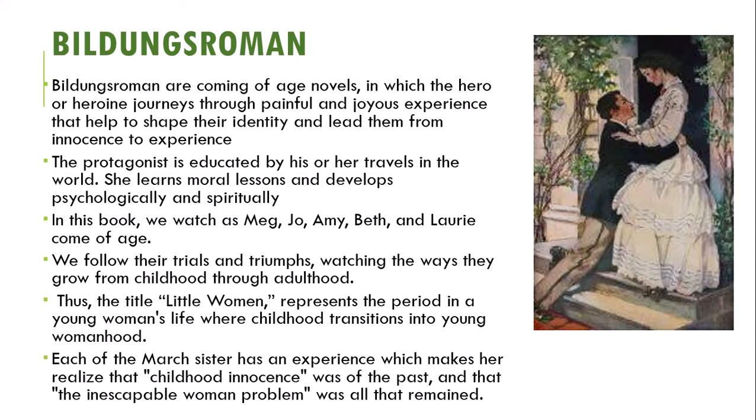Each of the March sisters has an experience which makes her realize that her childhood innocence was of the past, and that, according to one critic who unfortunately I don't have named here, the inescapable woman problem was all that remained. So meaning that in the first half of the book, we're seeing them really go from childhood to kind of being an older teenager, right?